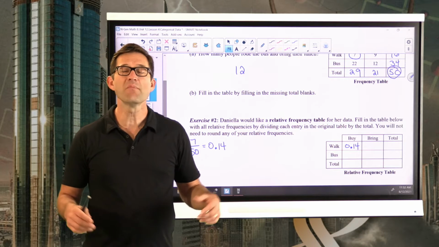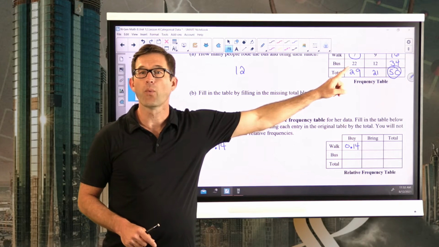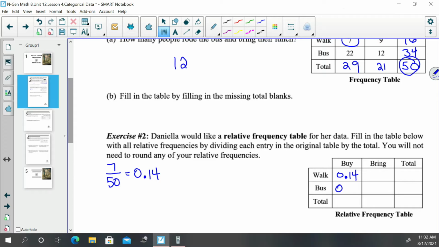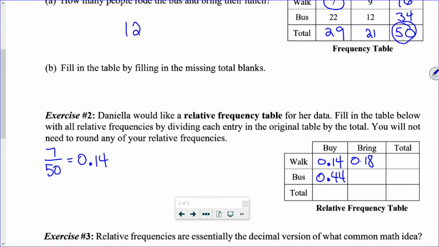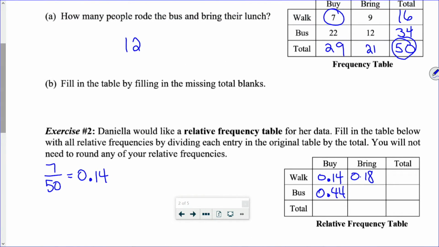All right, so division by 50 is really quite nice because there's a nice pattern. For instance, 22 divided by 50 is 0.44. 9 divided by 50 is 0.18. Maybe go up to full screen, that might help a little bit. 12 divided by 50 is 0.24. I really want to divide everything by 50.